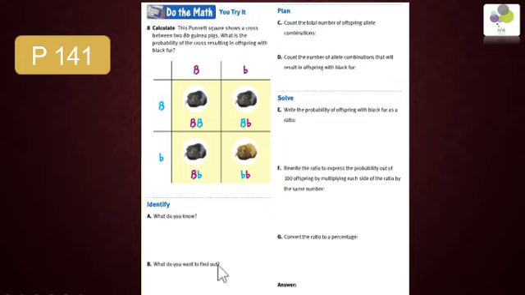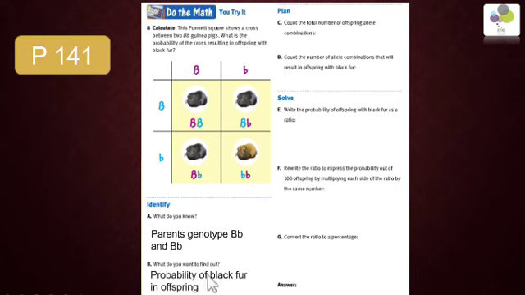We know the parent genotype is capital B small b, capital B small b. So what do we need to find out? What is the probability of the cross resulting in offspring with black fur? So we need to find the probability of black fur in the offspring.